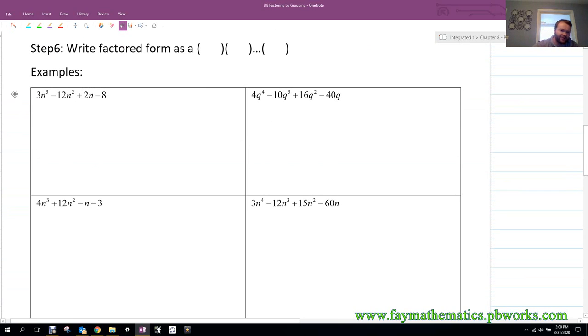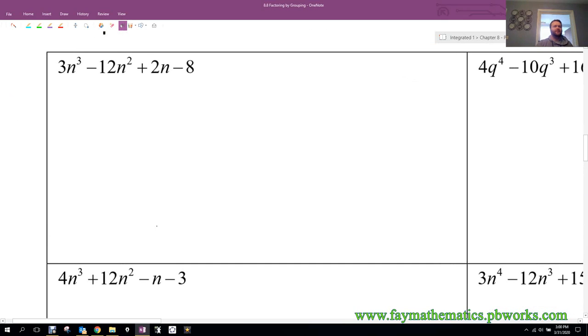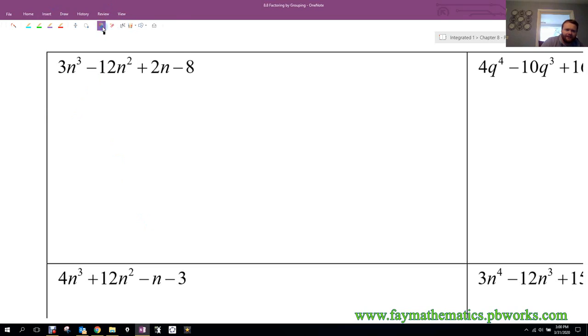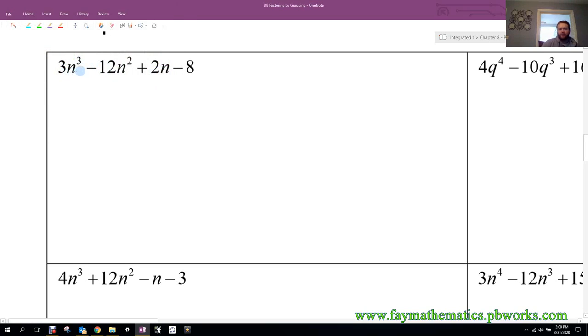Again, watch these as many times as you need to, but the overall procedure is very similar in all of them. Okay, so first step was to see if there's a GCF. Okay, factor out any GCF. And in this instance, let's see, are they all divisible by 3? They're not. Are they all divisible by n? They're not. So no GCF.